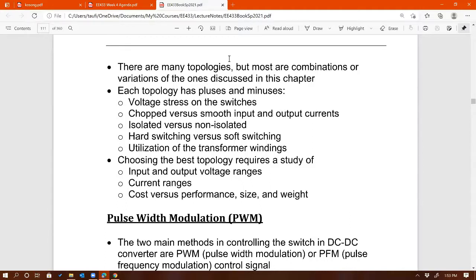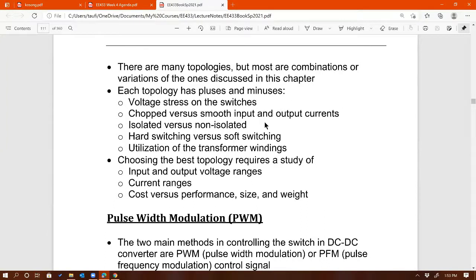And some topologies also have the drawback of having discontinuous current at the input as well as the output. Or some topologies would offer the benefit of having continuous or smooth input and output currents, and that's important in DC to DC applications. The reason being, well, that's why we call it DC to DC, right? DC means flat.